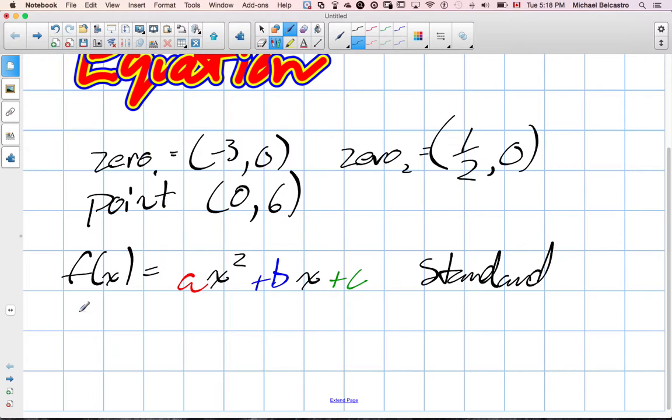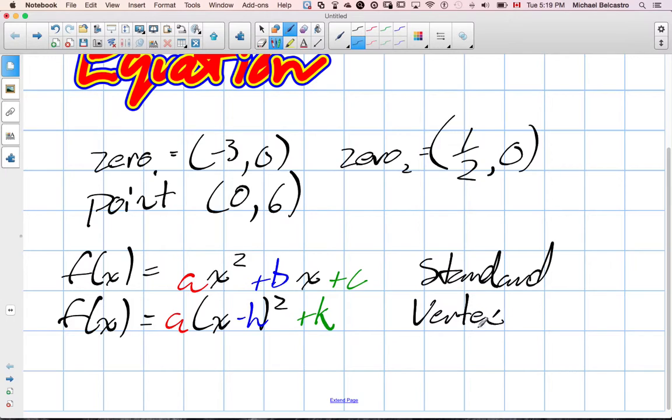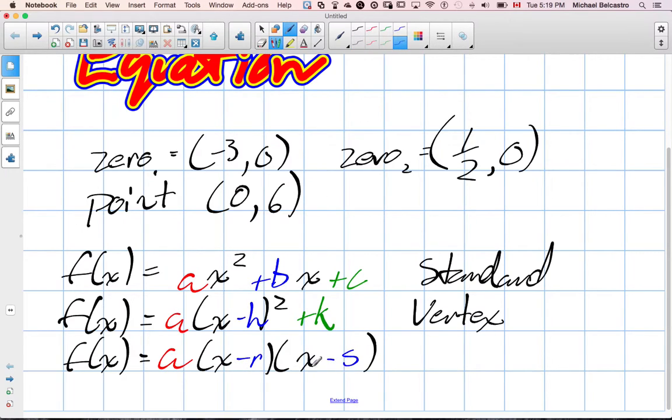You have the function could be vertex form, which is a times x minus h squared plus k. Vertex. I suppose I should have written these before. And we have our factored form, which is a times x minus r, x minus s. Those are the letters they usually use, but they could essentially be any letters. Those 2 just represent the roots. So this is your factored form.